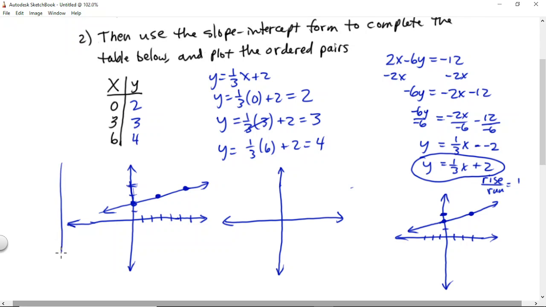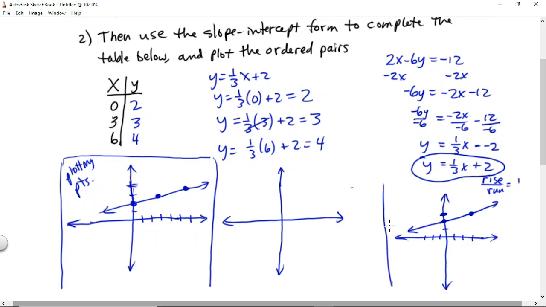So let's see, let's make this pretty. Well, not very pretty, but let's label these. This is plotting points. This one is using y-intercept and slope.